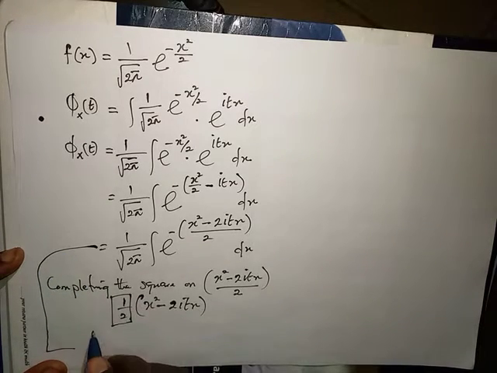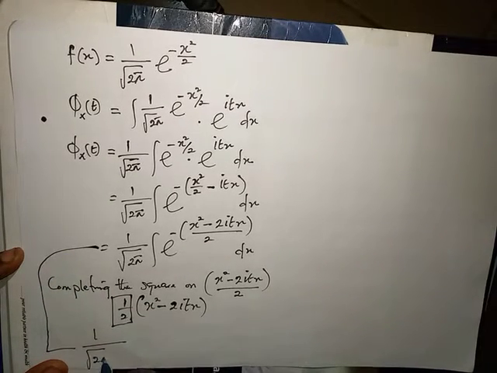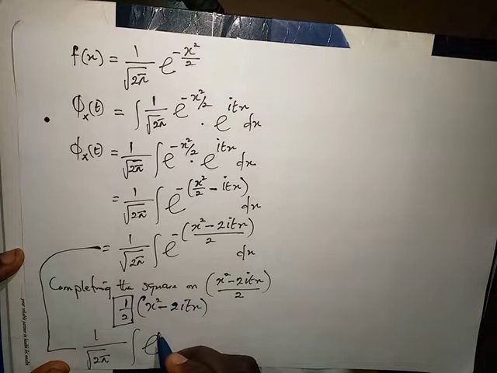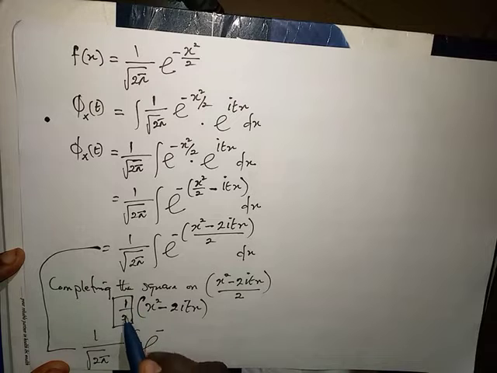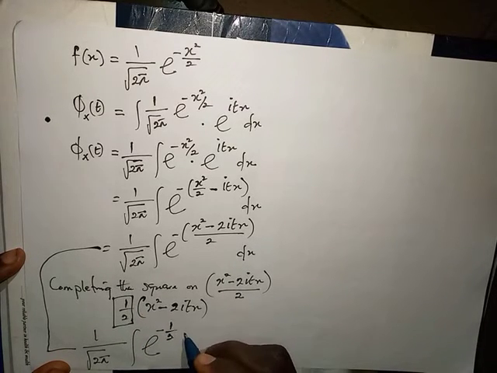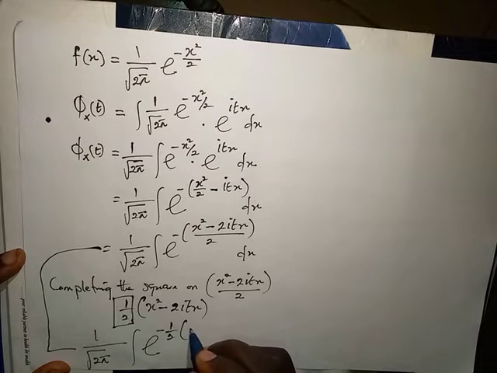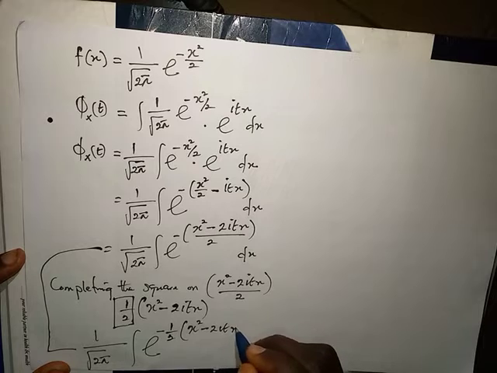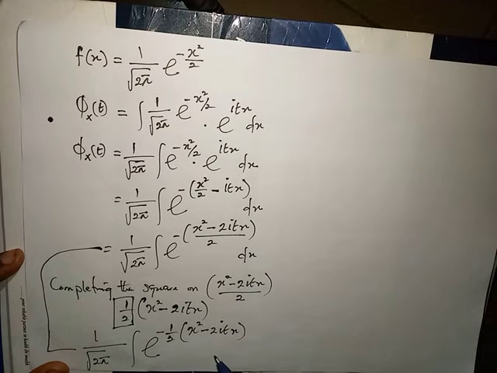So simply now, I want to write this one this way. You can say 1 over square root of 2 pi integral exponential raised to power minus, now this 1 over 2 that we factorized, we have 1 over 2, and then into bracket x squared minus 2 i t x. So now we are going to use completing the square on just this bracket.